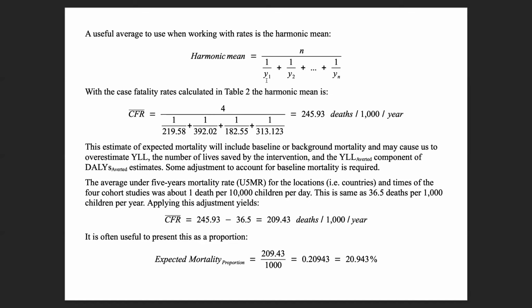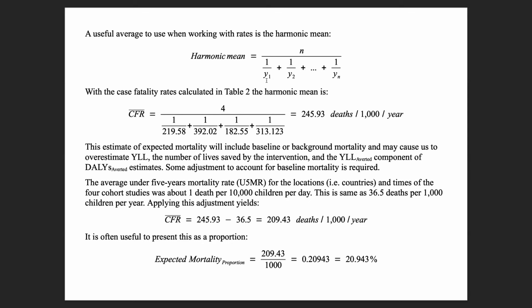We might have a large number of lives saved by the intervention, because we would estimate more deaths to occur than actually did or would have done. And the averted component, the years of life lost averted, and the DALYs averted estimates might also be biased upwards. So we need to account for the baseline mortality.